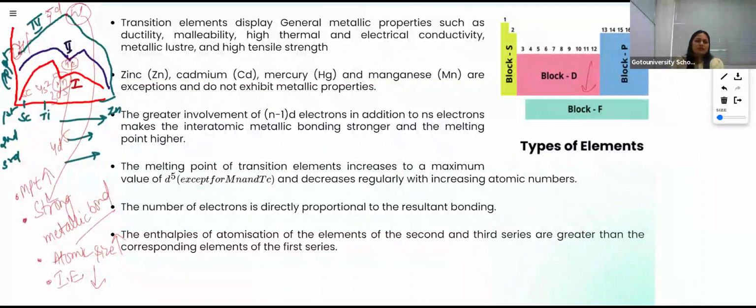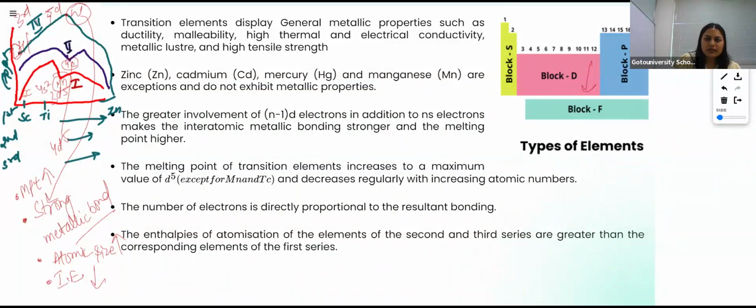Have you understood the reason why the element of the third series, which is also known as the 5d series, tungsten, shows the highest melting point? Is it understood or not?